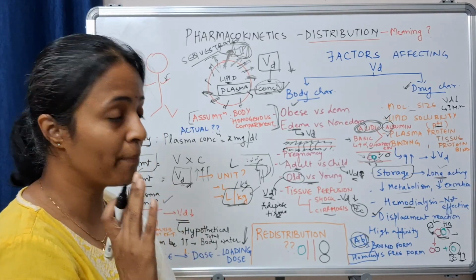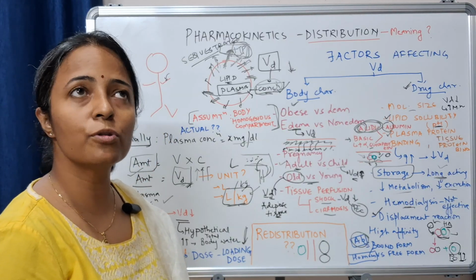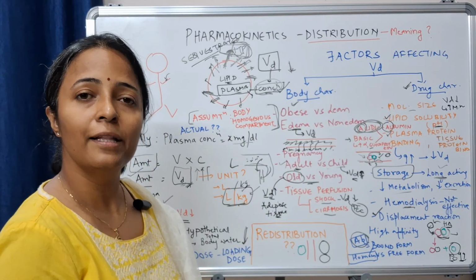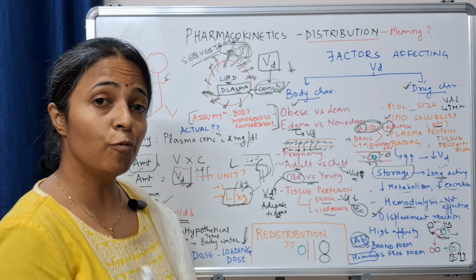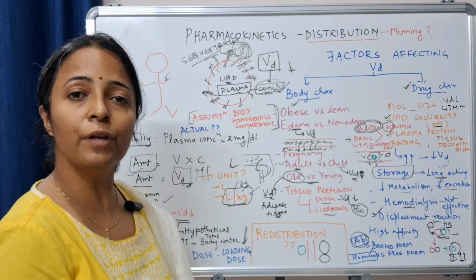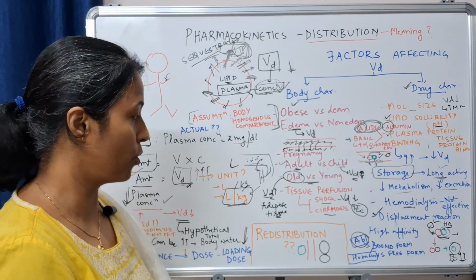So we have to be mindful of that. And also with hormones, suppose we are doing a thyroid function test, then we get the free form as well as the bound form, and we are interested more in the free form of the hormone, because that is the active hormone, right?